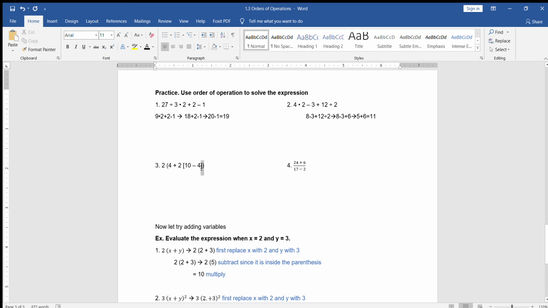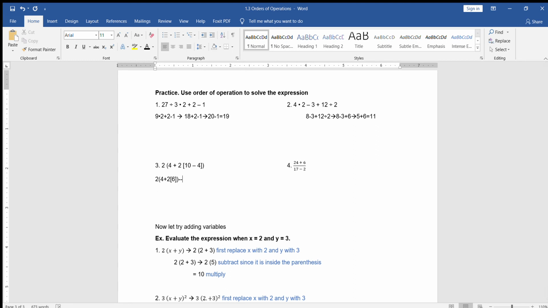This is actually called brackets, if you guys didn't know. 2 times [4 plus 2 times 6], because 10 minus 4 is actually 6. In this case, can we drop the square brackets? No, we can't, because there's an operation between 2 and 6, and that operation is multiplication.